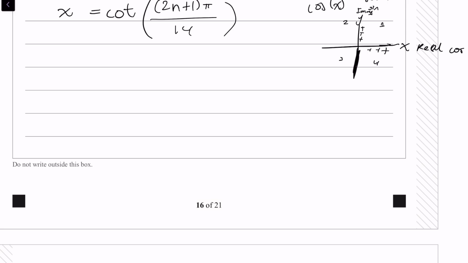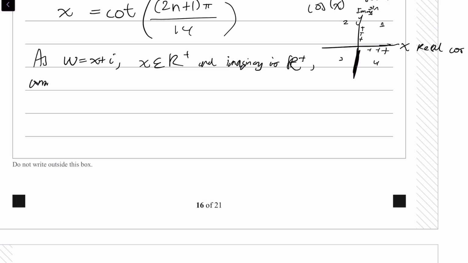So as w equals x plus i, then x is any positive real value, and my imaginary part is positive real as well.